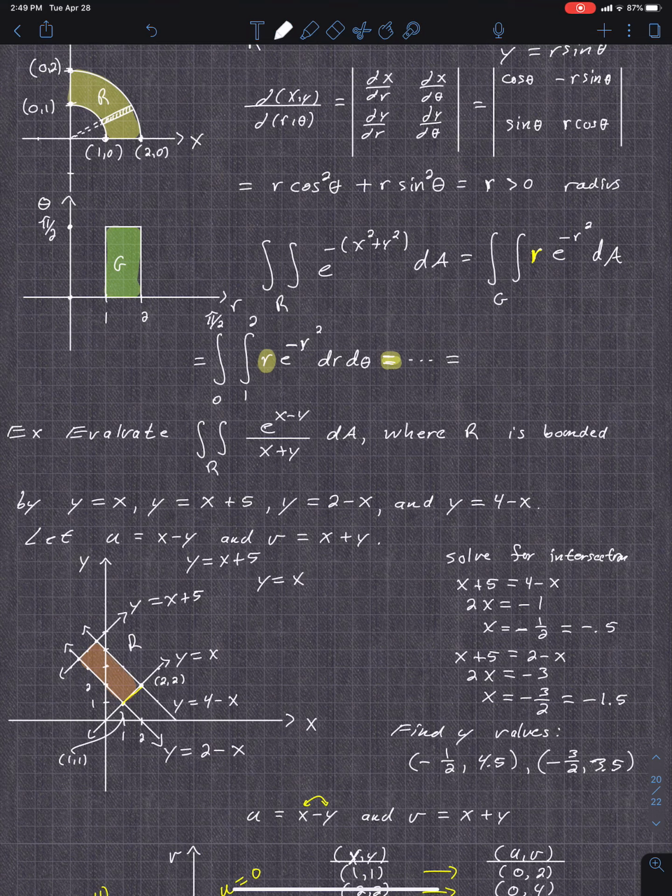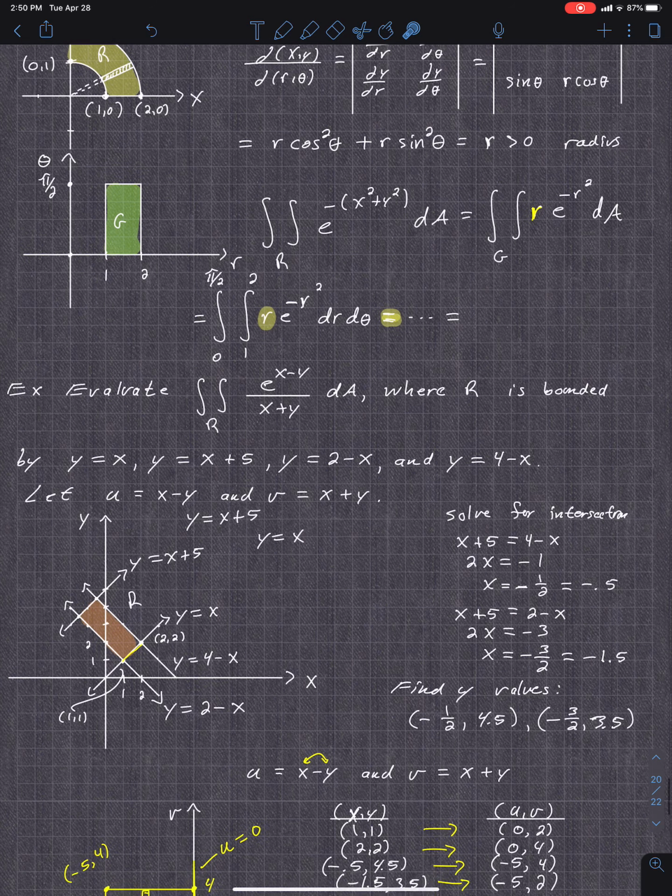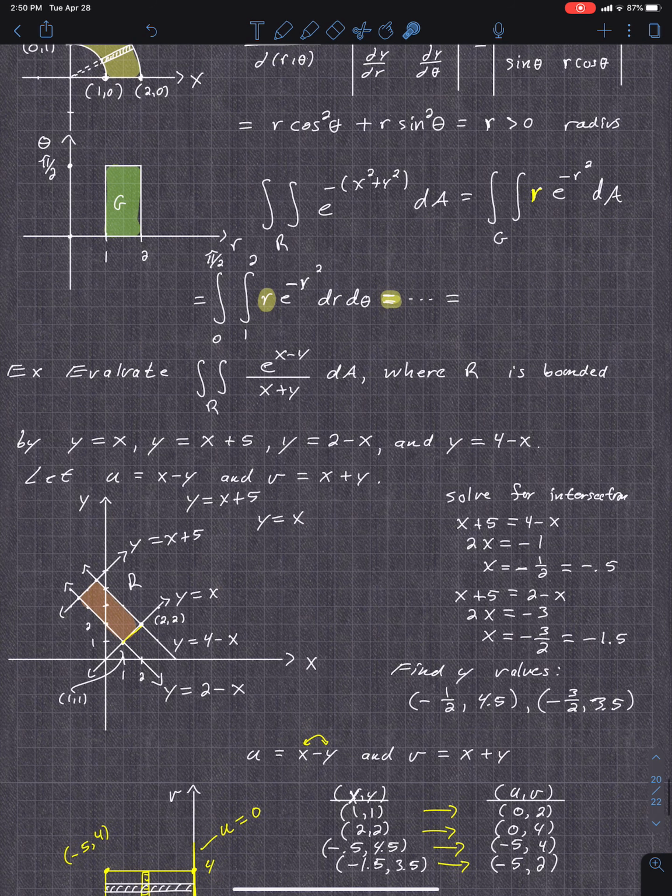Then you have to solve for u and v. So you pick your u and your v and solve, and then write in terms of the other variables. Try that. I don't want to go on yet.